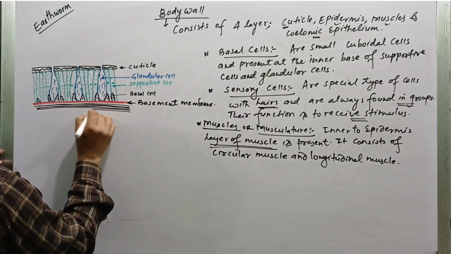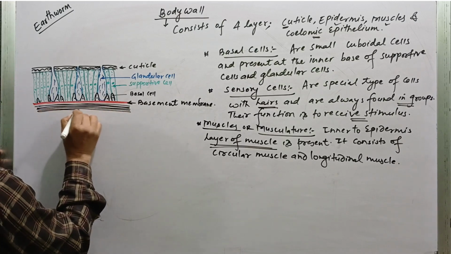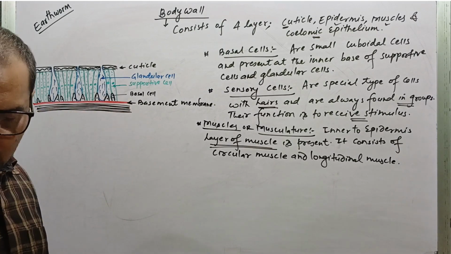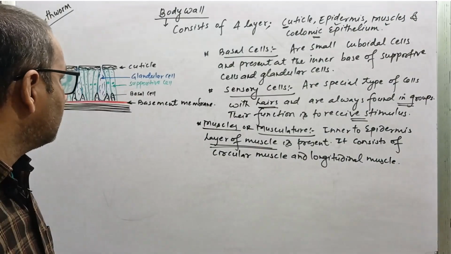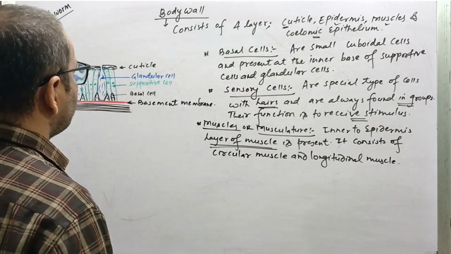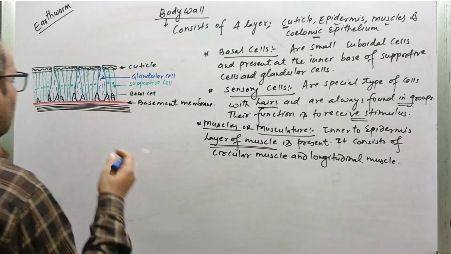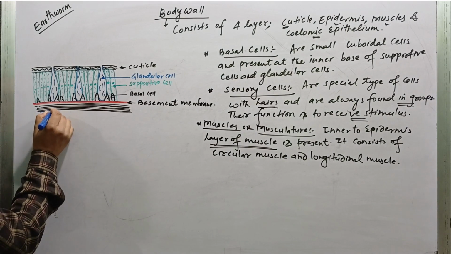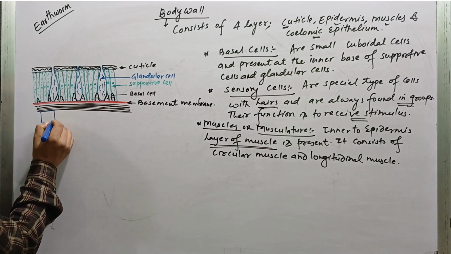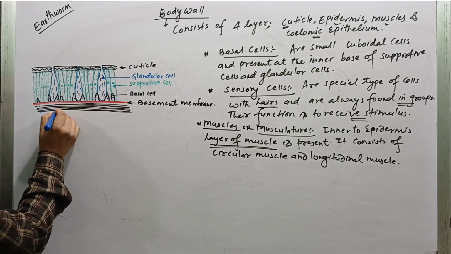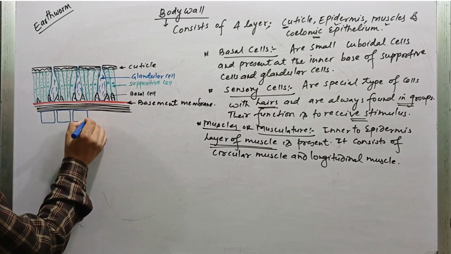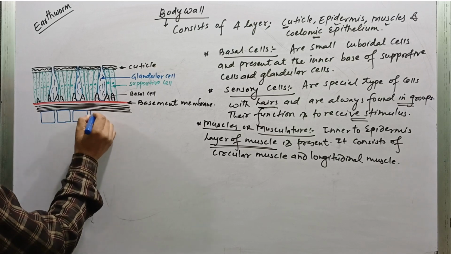There is a layer of circular muscle. Inner to the layer of circular muscle, there is longitudinal muscle. The longitudinal muscle extends along the length and is present in parallel blocks.